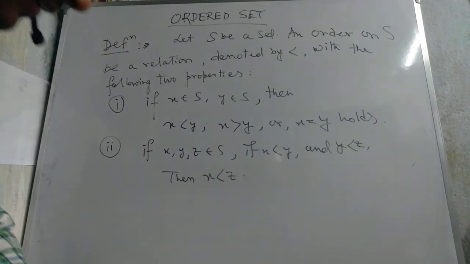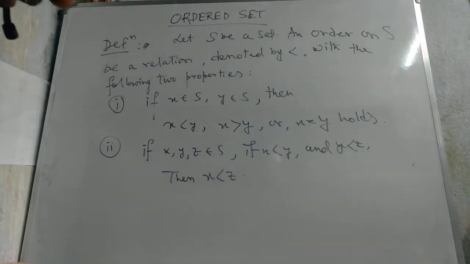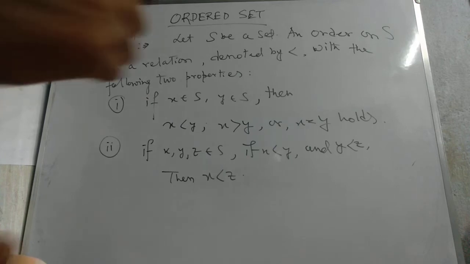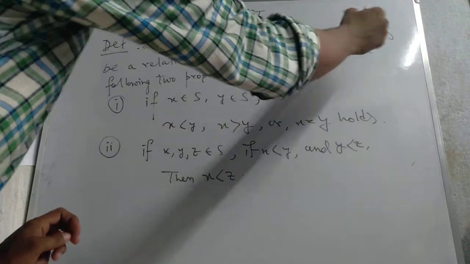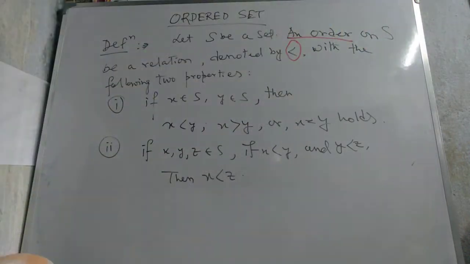Understand? Then if these two relations hold in any set, this relation is called an order on this set.